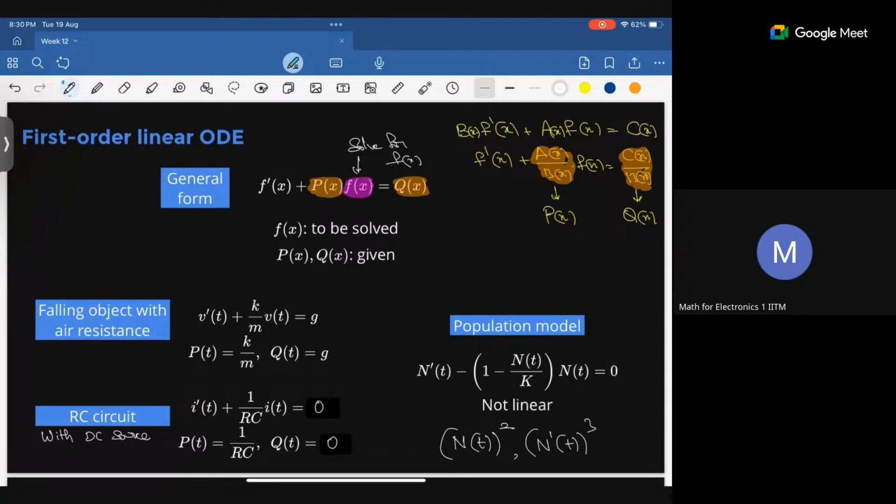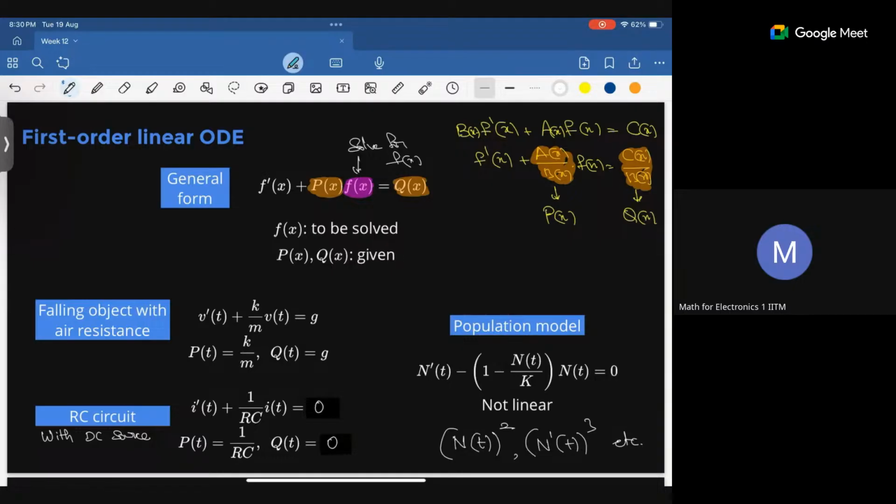If you see expressions like this, it is not linear. This is also connected to the degree of the differential equation. Whatever differential equations we are going to study are degree 1 ordinary differential equations.